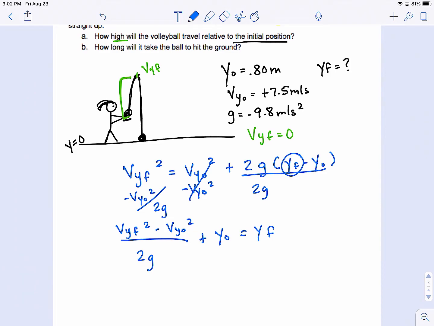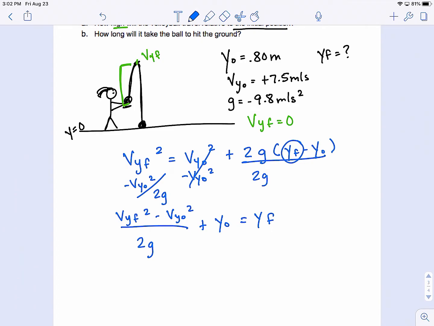So if I plug that into my calculator, that's going to be 0, because that's the final velocity at the peak, minus a positive 7.5 meters per second squared, divided by 2 times negative 9.8 meters per second squared, plus 0.80 meters. Now this is going to give me the position relative to the ground. And we'll go back later.